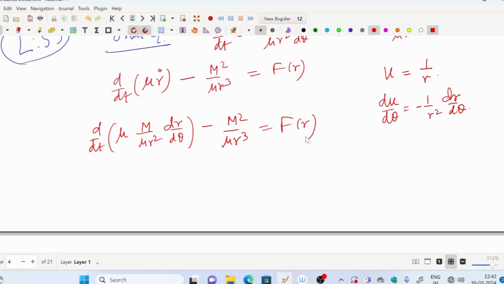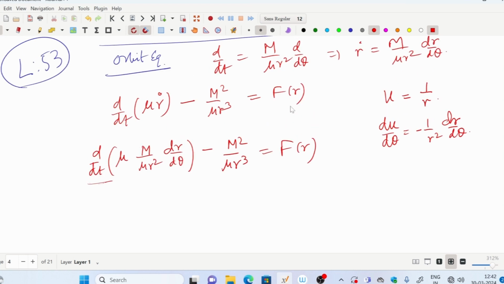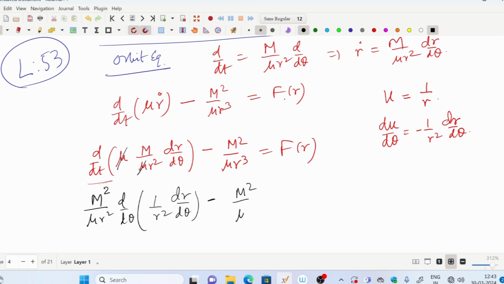So first I will substitute d/dt, which is m/(mu r square) d/dθ. The mu gets cancelled here and m I can take outside to m square. So it is 1 over r square dr/dθ, simplifying. And then let me write the second term as m square by mu r cube equal to f(r).